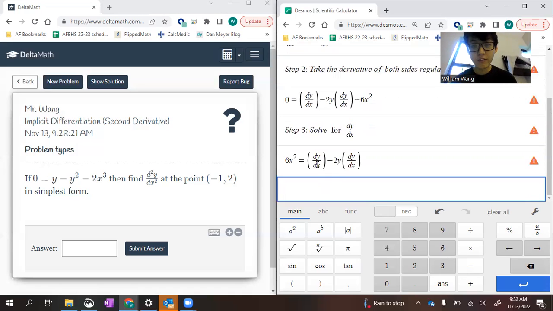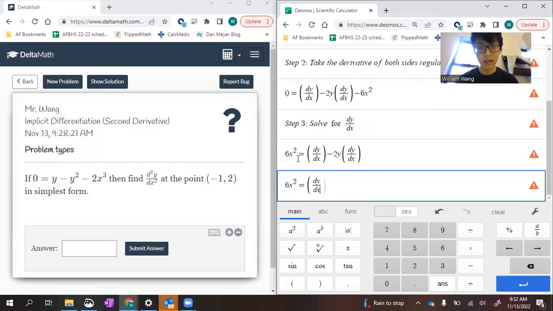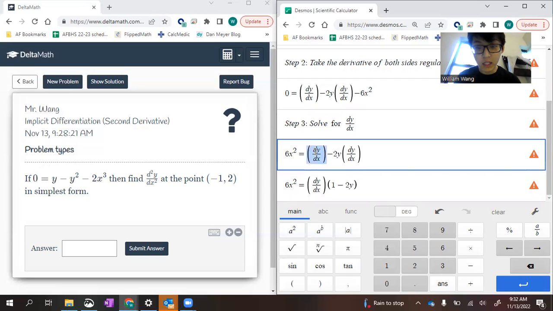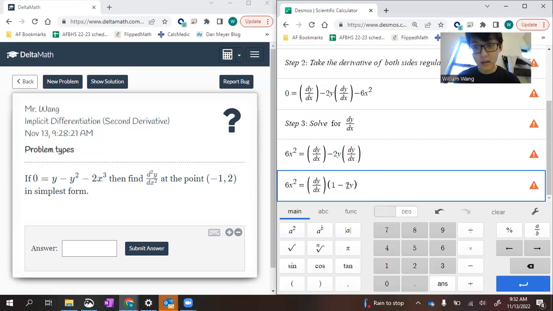Cool. Now I can factor out dy over dx. So 6x squared is equal to dy over dx times 1 minus 2y. Now, hopefully you kind of see this. This is just me taking dy over dx out from each term here. So when I take dy over dx out from this term, I'm left with just 1. When I take dy over dx out of this term, I'm left with the 2y.